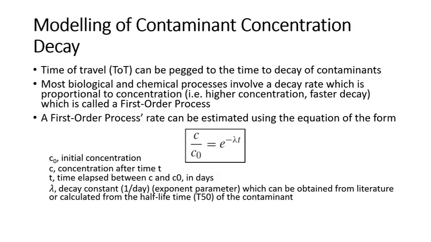Your lambda, or your decay constant, is an exponent parameter which can be obtained from literature, or it can be calculated from the half-life time or T50 of your contaminant.